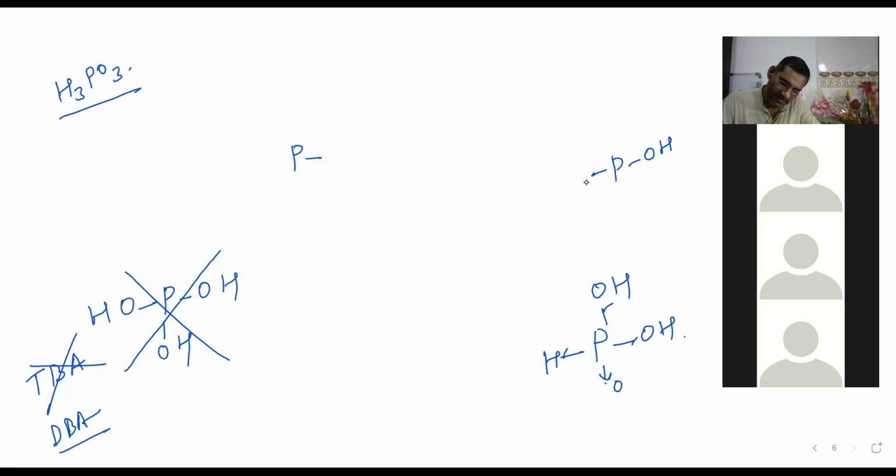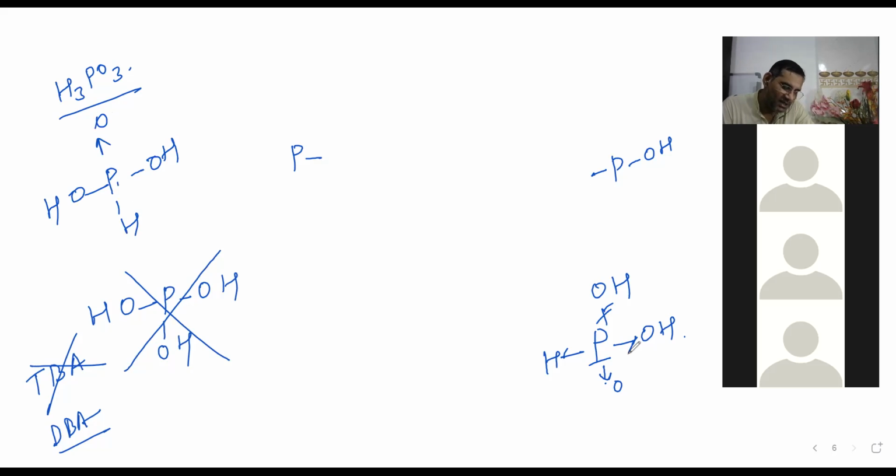Okay, fine. So POH, OH, H. This phosphorus has how many electrons? 5, 6, 7, 8.